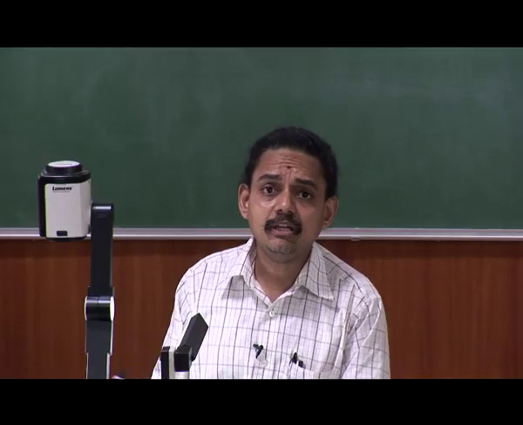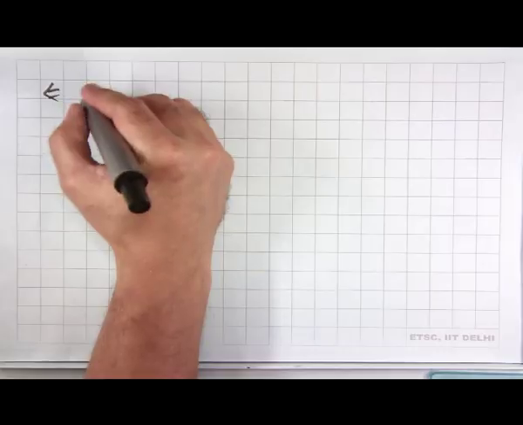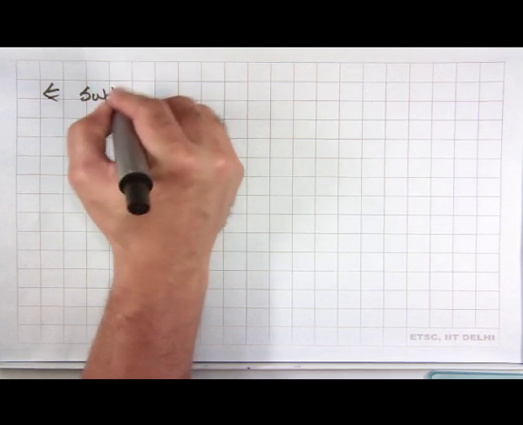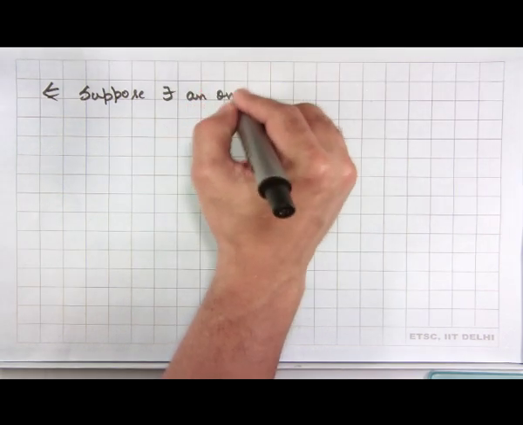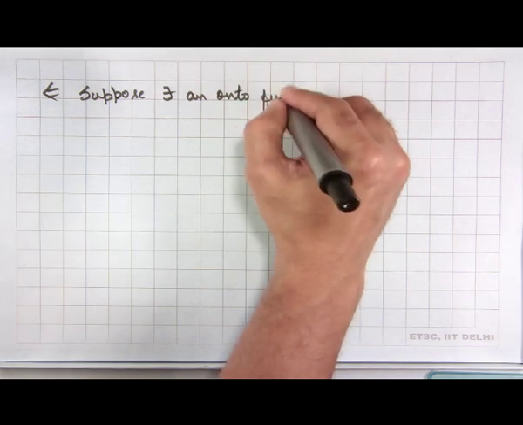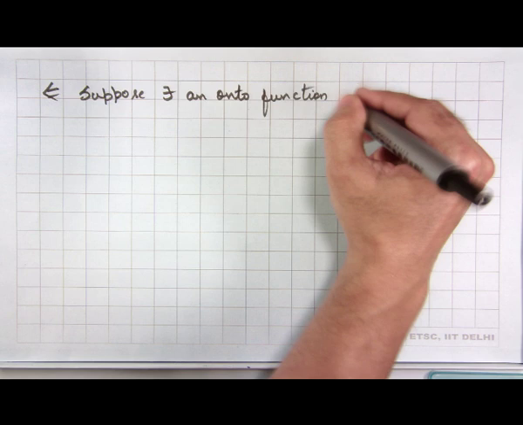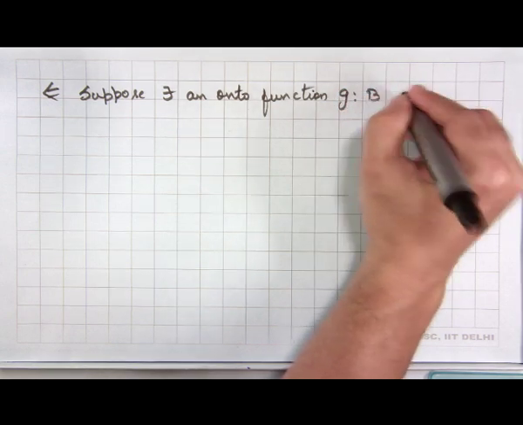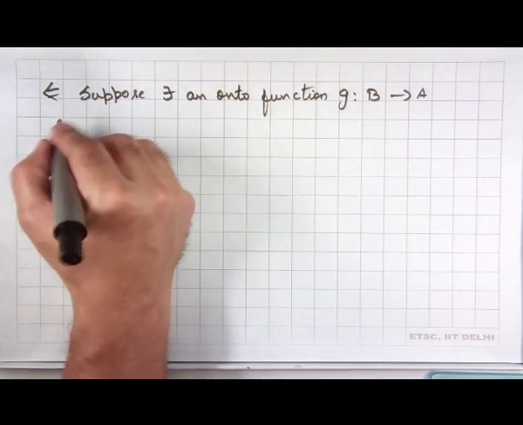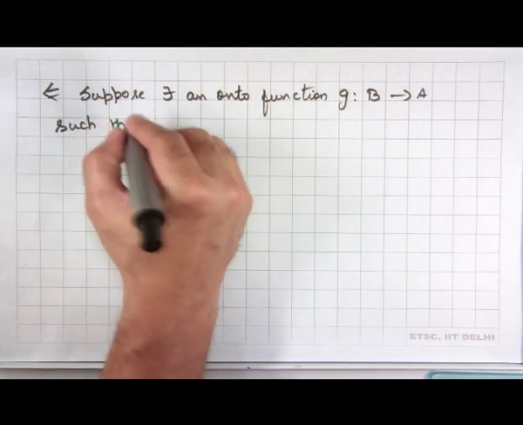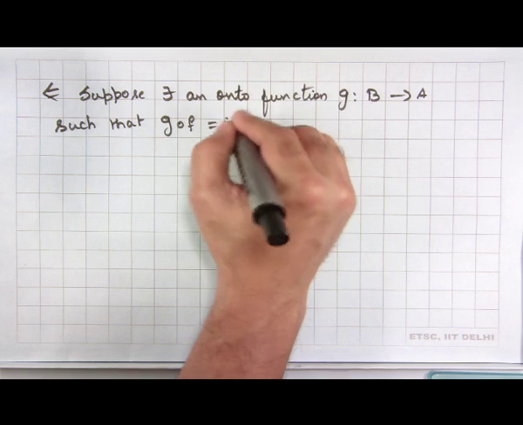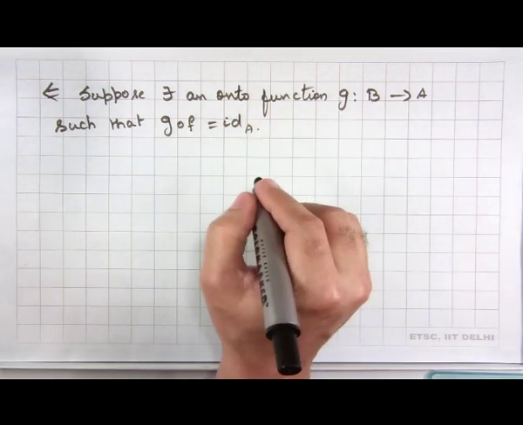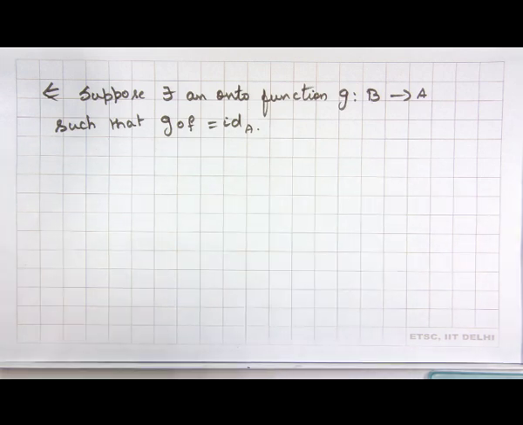Now, let us try to prove the reverse part or the converse part. Suppose there exists an onto function G from B to A such that G composed with f is the identity function on A. What I will have to show is that f is 1 1.